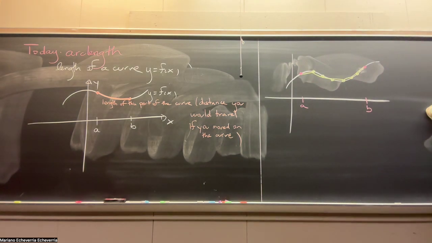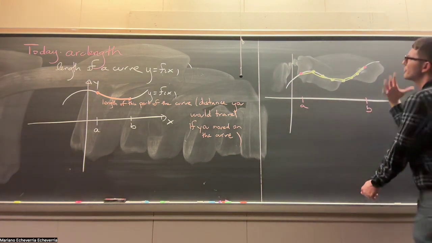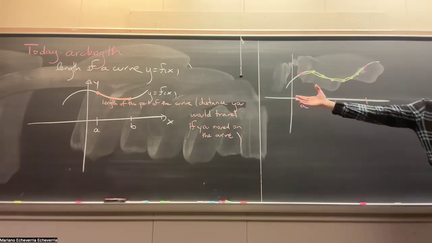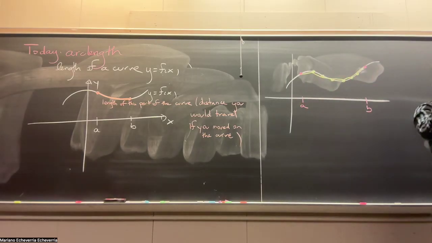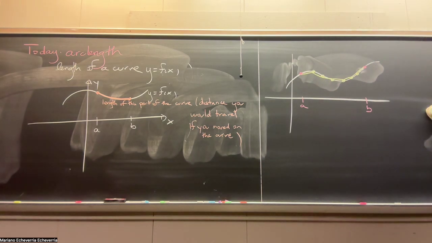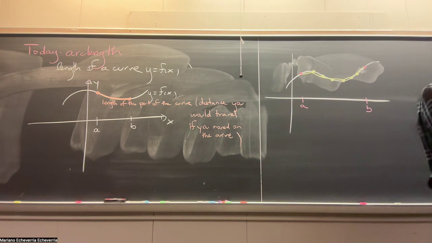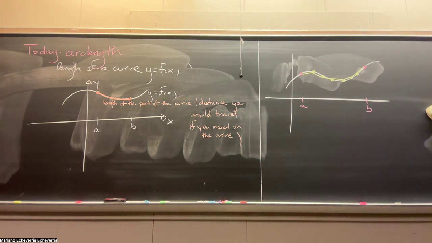What I'm trying to convey is that the line segments are not on the curve itself, but they are relatively close to the curve. If you have chosen a lot of points, then these line segments are a good approximation to the curve.